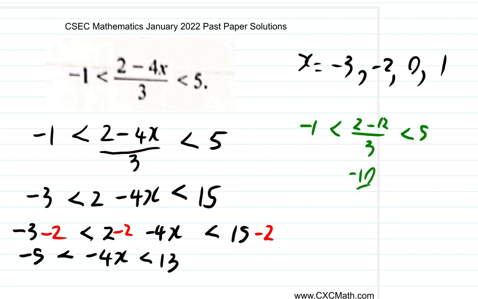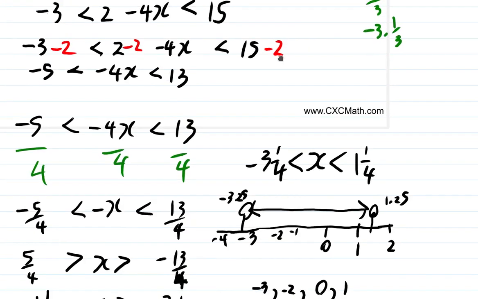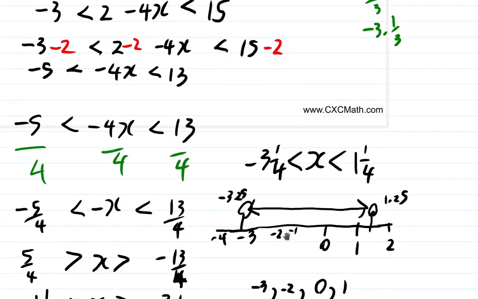Negative 10 over 3 is negative 3 and 1/3. It is greater than negative 1, yes. When you look at the number line, negative 3 and 1/3 is greater than negative 1.